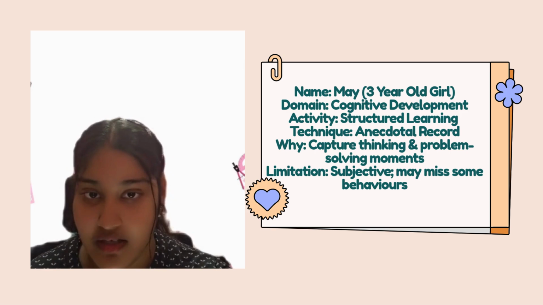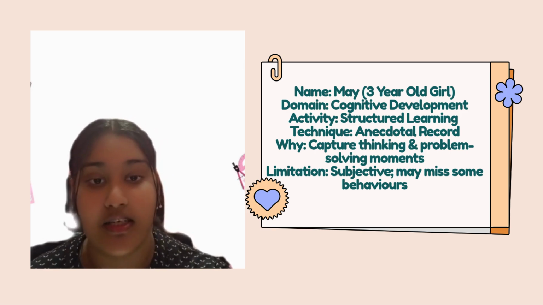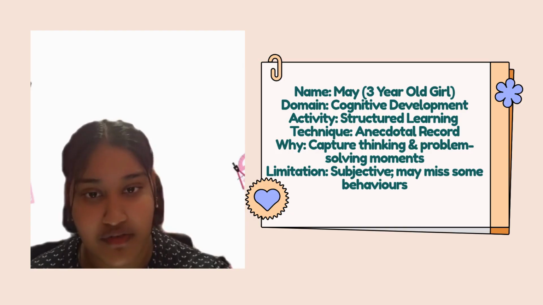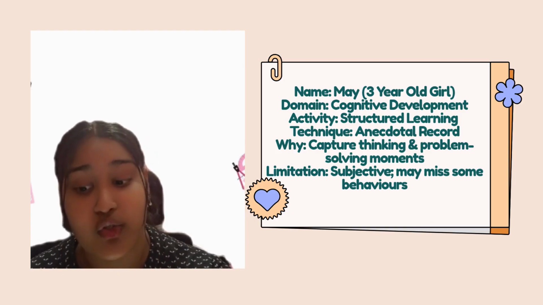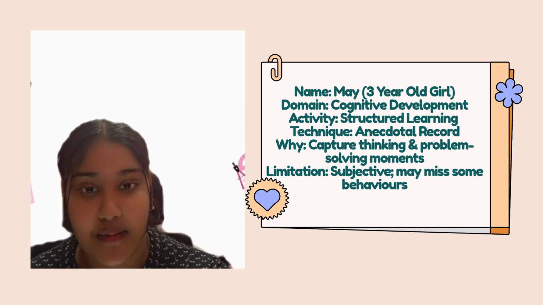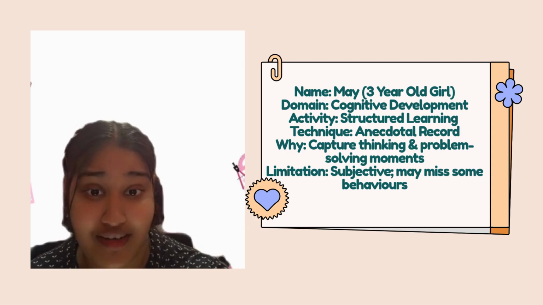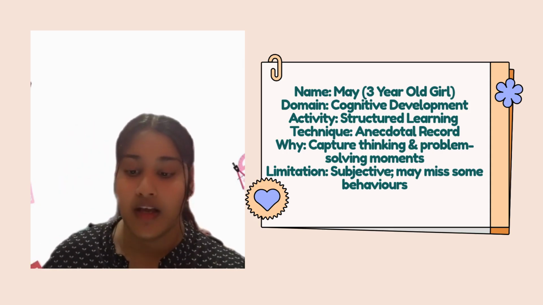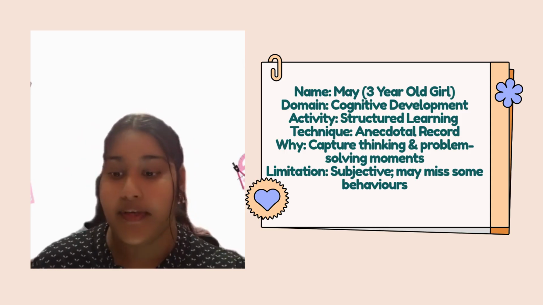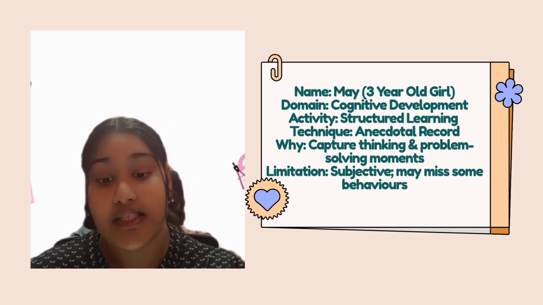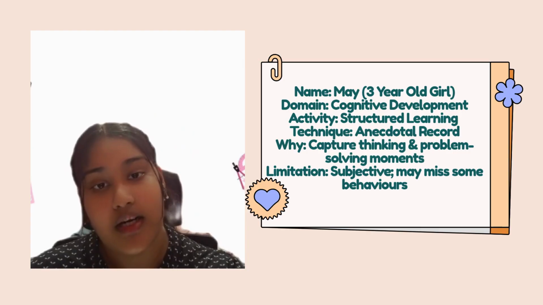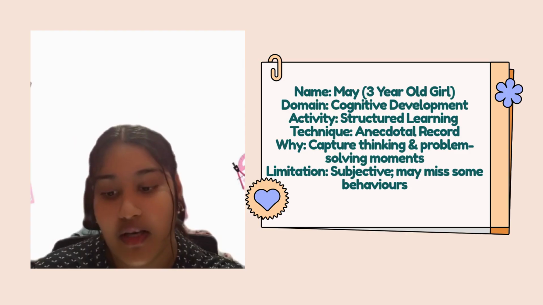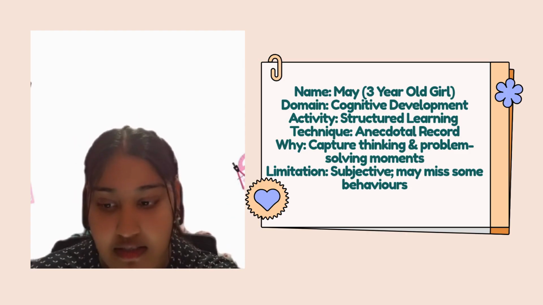This type of method is normally used in the early childhood setting or classroom because it allows the observer or the teacher to capture meaningful examples of how a child thinks or learns. I chose this method because I wanted to focus on specific moments that showed May's cognitive abilities, such as her memory, her reasoning, and her problem-solving skills.